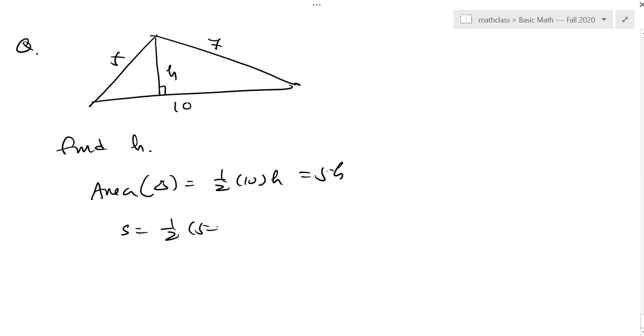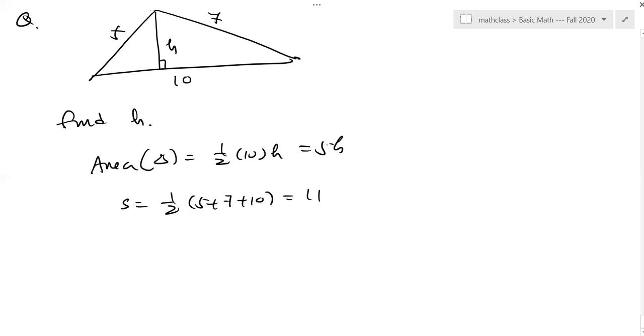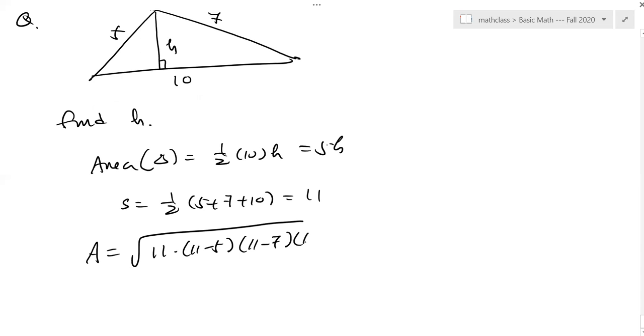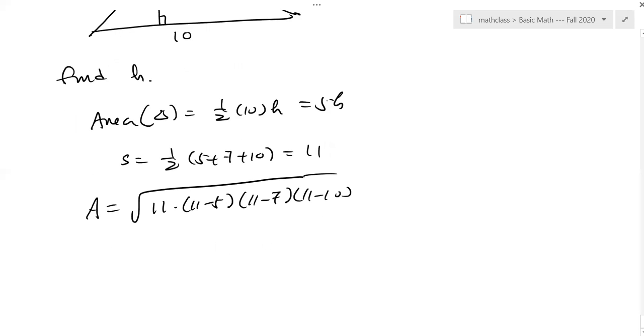The half of the perimeter is going to be 5 plus 7, 12, 12 plus 10, 22, 22 divided by 2 is 11, okay? So the area is going to be the square root of 11 times (11 minus the first side) times (11 minus the second side) times (11 minus the third side). So I get 11, 6, 4, and 1.